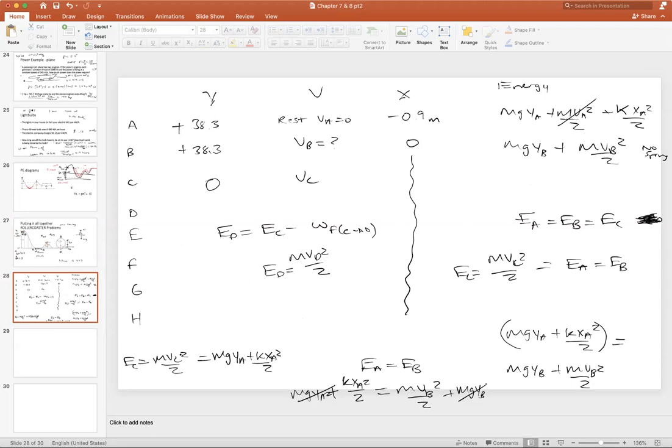So whatever EC equals as a number, you could plug in here and find the work of friction as mu mg d, little d. So this is mvc squared over 2 minus that is what ED is equal to. After that, ED is equal to EE is equal to EF is equal to EG is equal to EH.